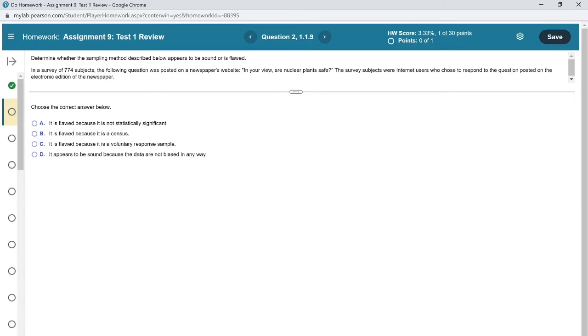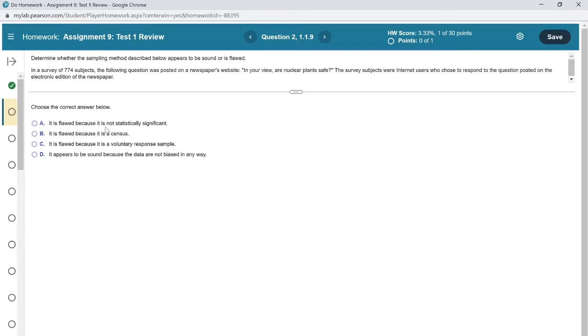The survey subjects were internet users who chose to respond to the question posted on the electronic edition of the newspaper. So remember, it's already a voluntary response sampling process. So choose the correct answer.